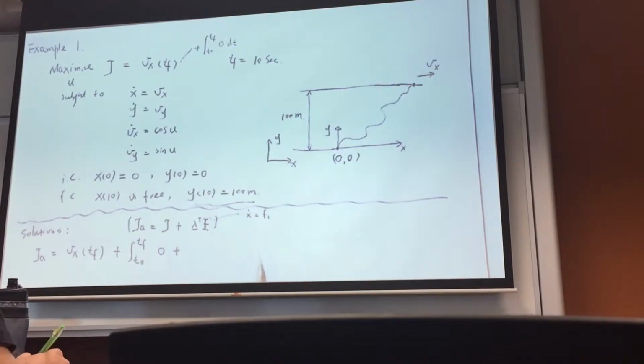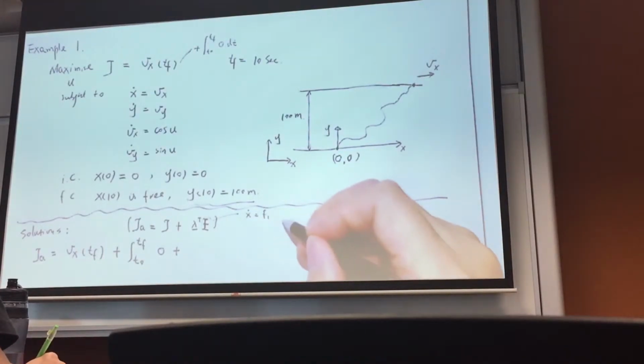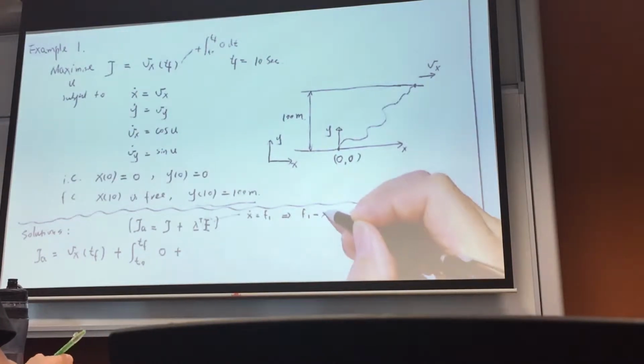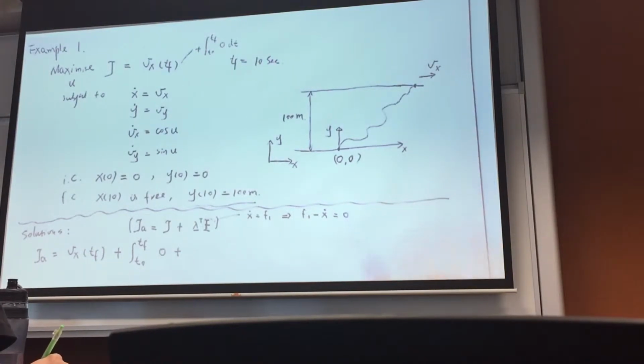We can change this equation into f1 minus x dot equal to 0, and we define this part as capital F1. We will use this F1 to augment this cost function because this one is 0, so the cost value remains the same.